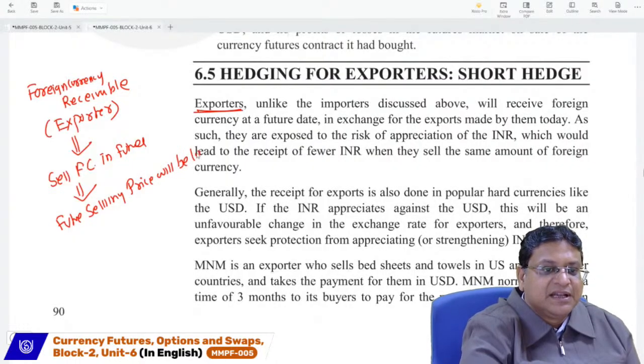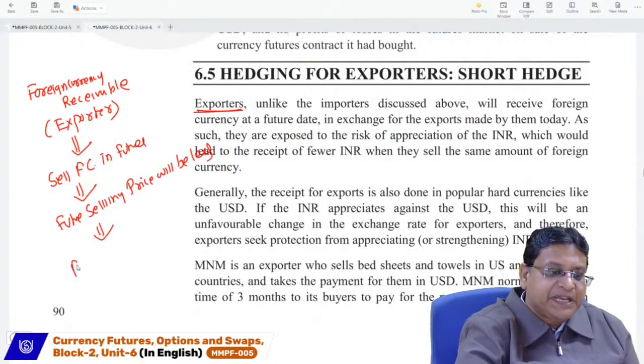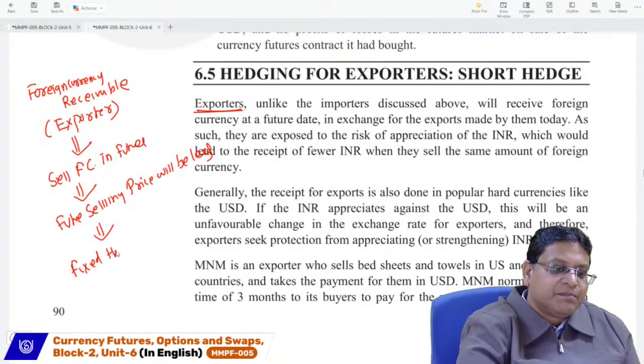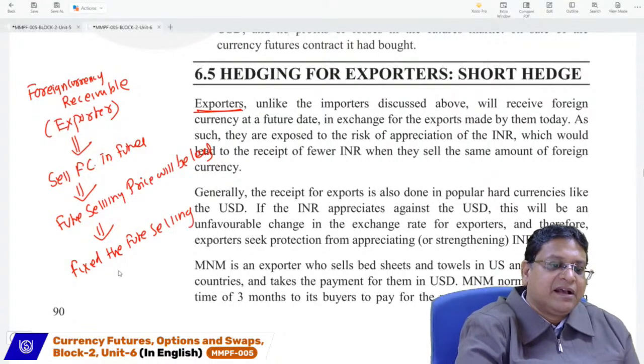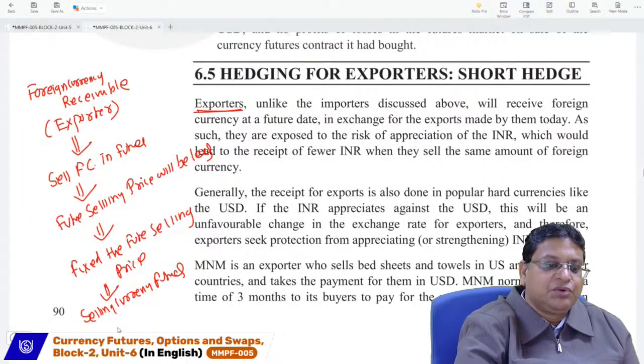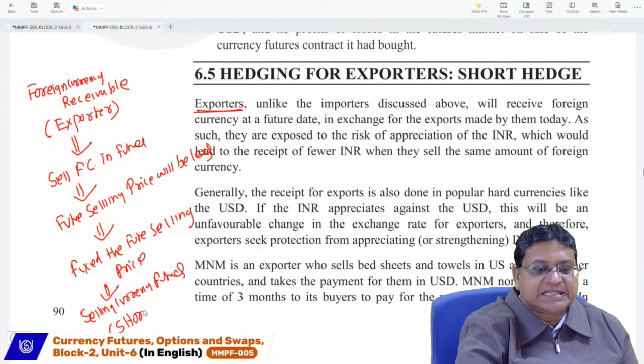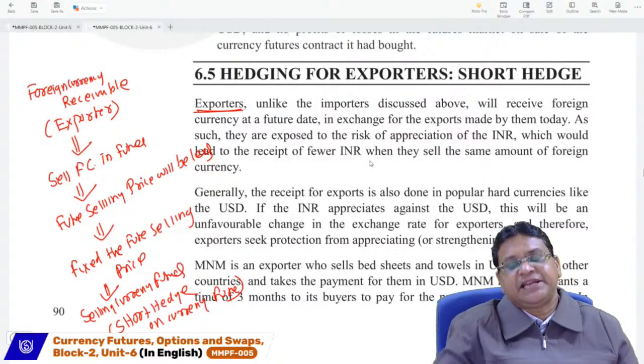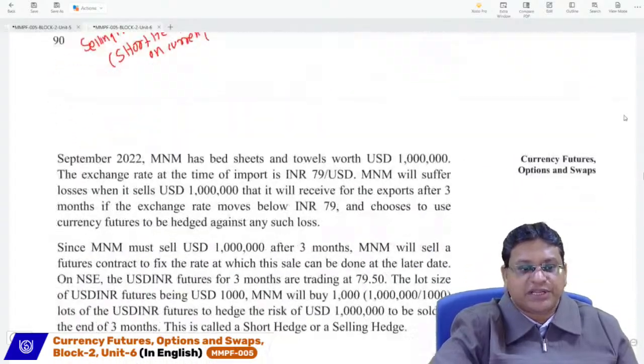This is your risk. How can you reduce it? You fix the future selling price. How can you do it? By selling currency futures, or you go for short hedge on currency futures. These are the hedging techniques, long hedge and short hedge.